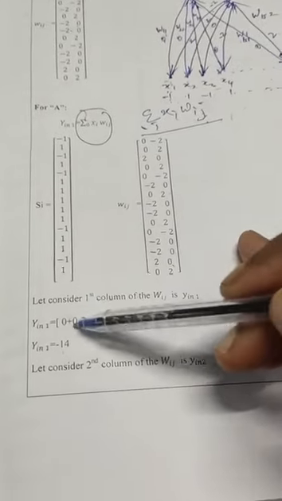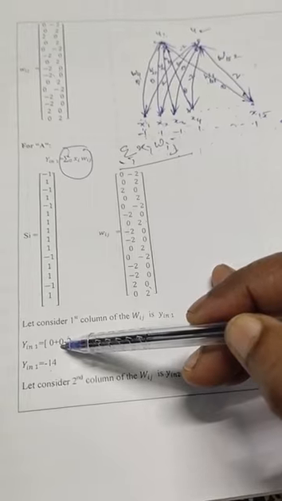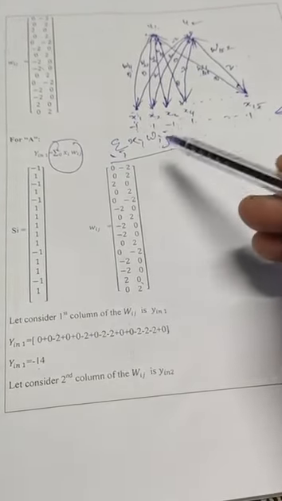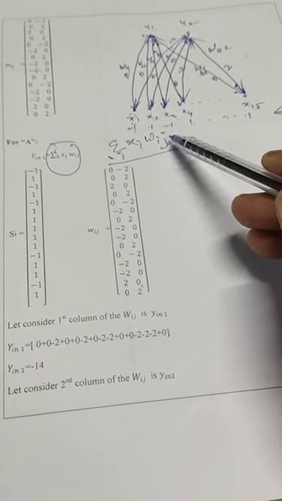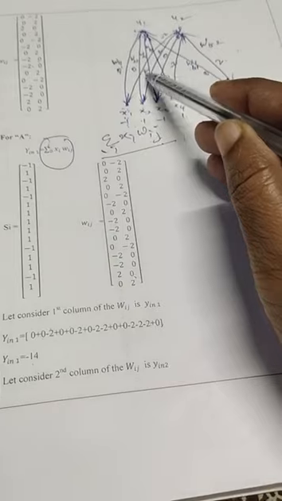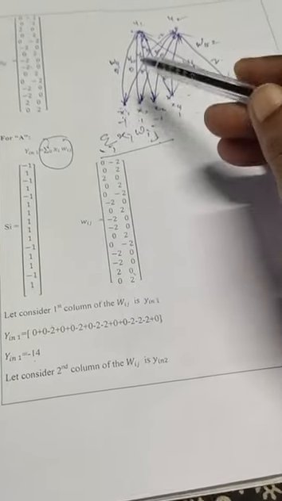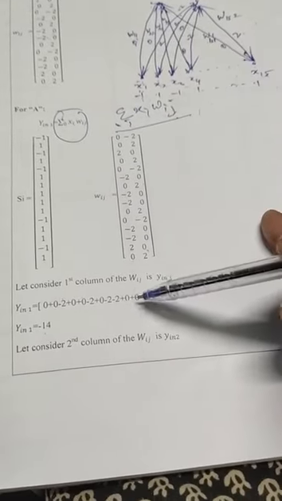So -1 into 0 is 0, 1 into 0 is 0, and x3 is -1, so -1 into 2, since the weight is 2, gives -2.